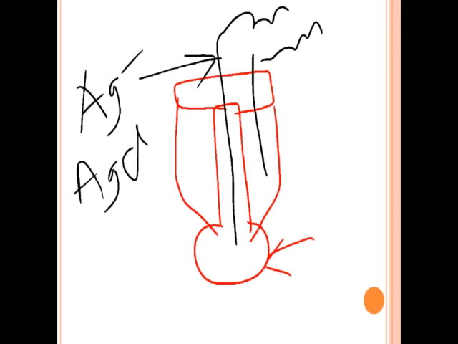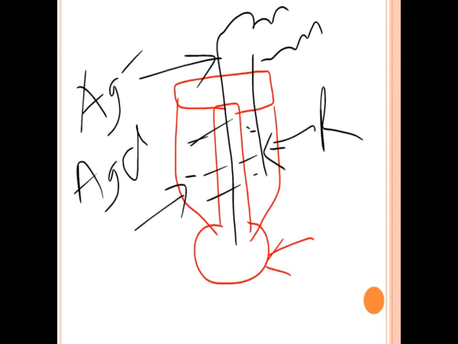So this glass electrode consists of two electrodes: the central glass electrode, which is the indicator electrode, made of Ag plus, and at the side the reference electrode, also an AgCl electrode. This solution is made up of KCl.